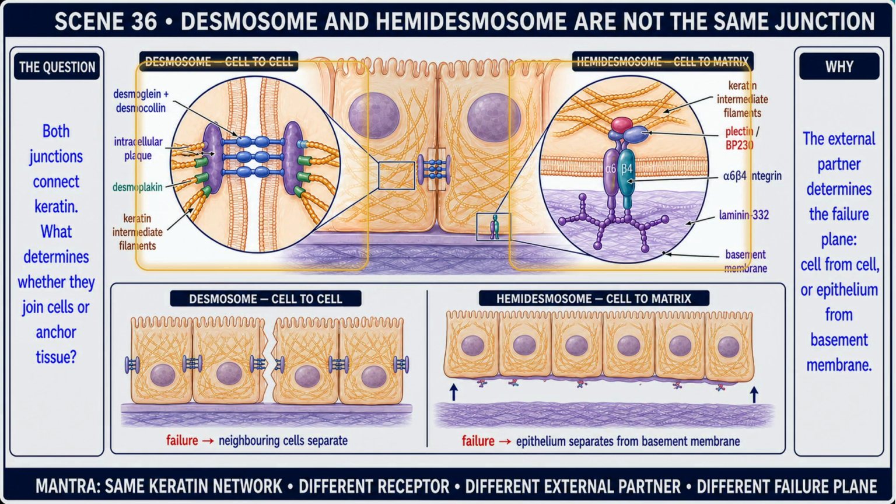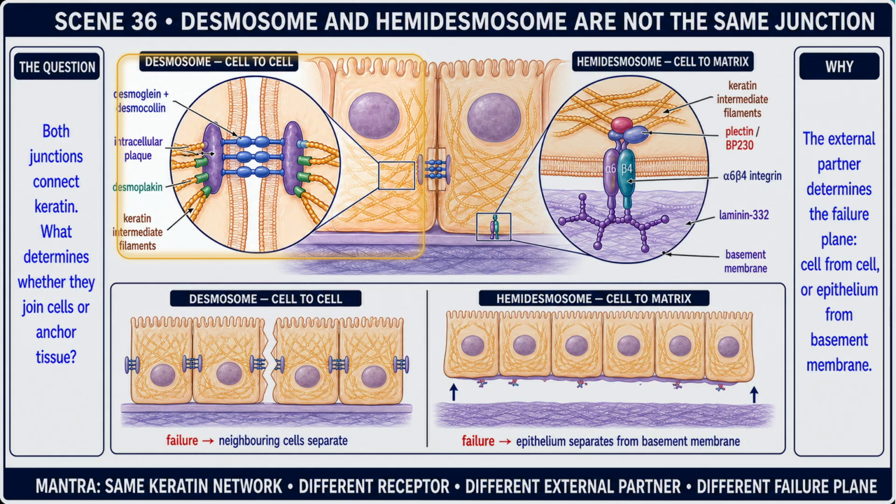Desmosomes and hemidesmosomes sound like related versions of one junction, and both connect to keratin, but they attach a cell to completely different external partners. A desmosome is a cell-to-cell junction. Desmoglein and desmocollin are cadherins that bind across the space between neighboring cells.